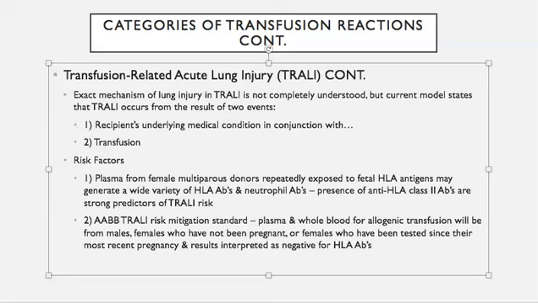They're an organization that strictly works with blood bank standards. Their risk mitigation standard for TRALI says that plasma and whole blood for allogeneic transfusion will be from males, females who have not been pregnant, or females who have been tested since their most recent pregnancy and results interpreted as negative for HLA antibodies.